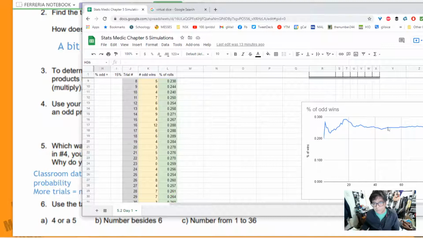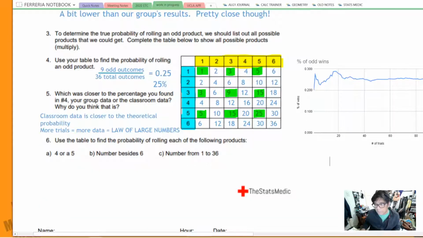But eventually, this settled down into, if you're really mathy, you would call that a horizontal asymptote right at 25%. And we got there pretty soon, right around 40. There's a little dip here, but starting around 50, it was pretty stable around that 25%. We can just copy that over here just for us to see.